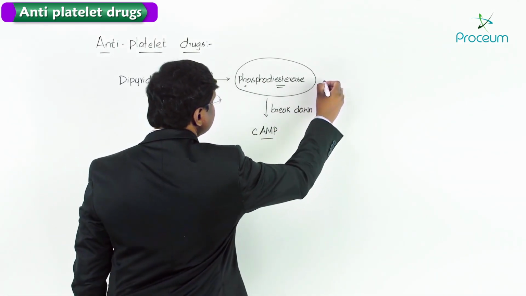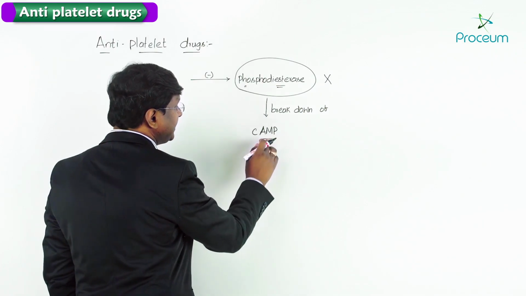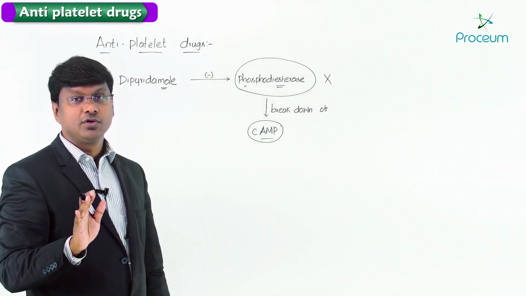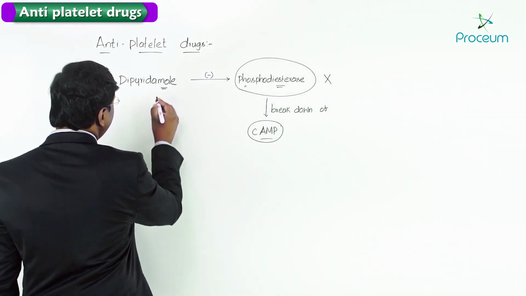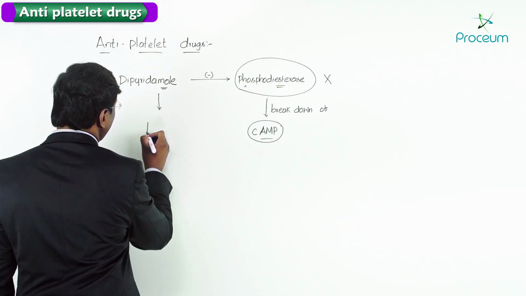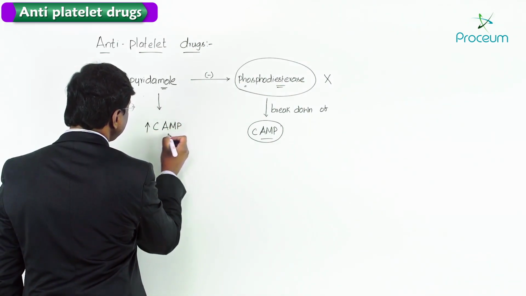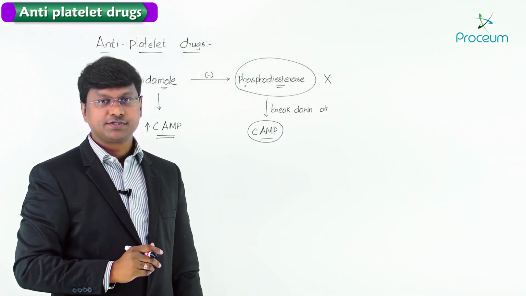So once this enzyme is inhibited, the breakdown of cyclic AMP does not occur. So whenever you are giving dipyridamole, what will happen to your cyclic AMP levels? There will be an increase in the cyclic AMP levels.